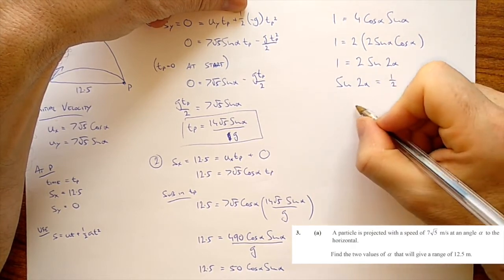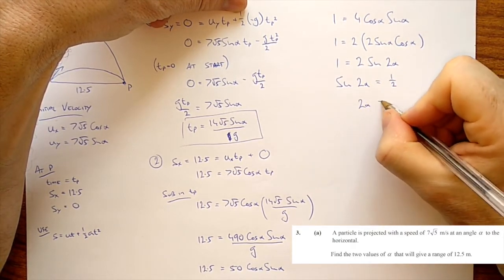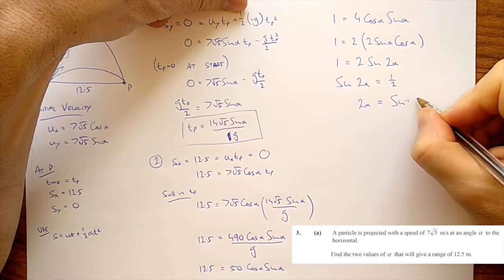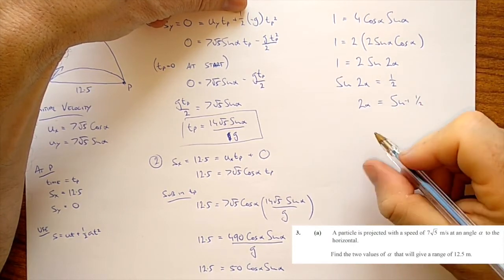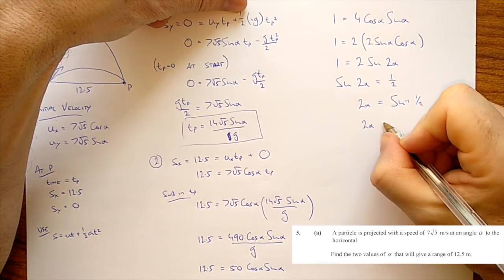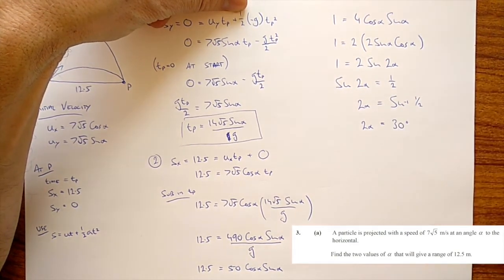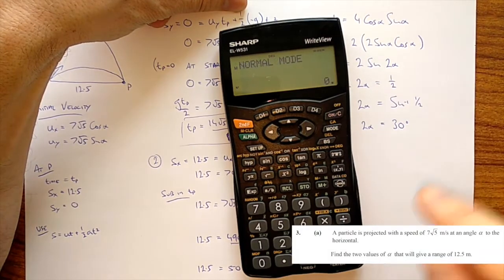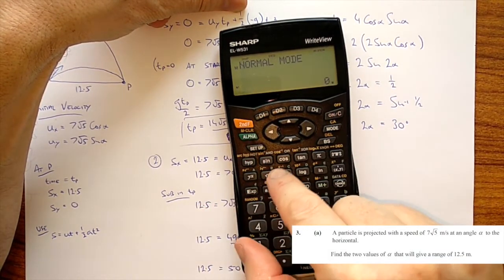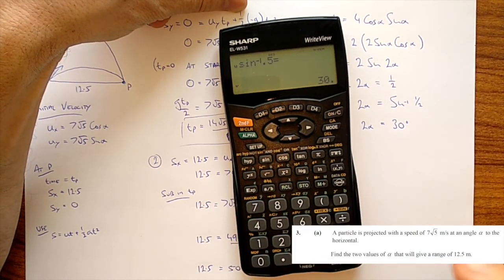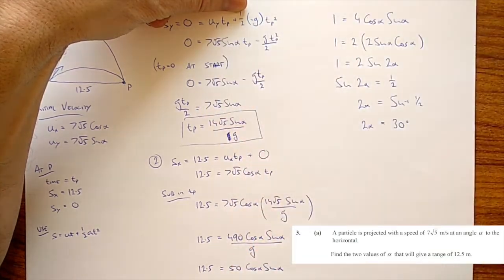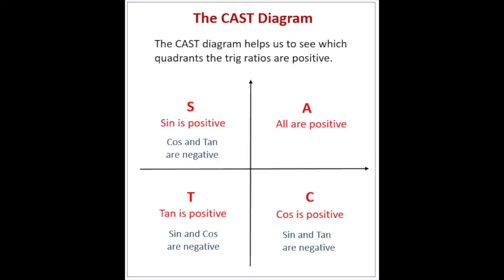equals a half. So 2 alpha is the sine inverse of a half, which means that 2 alpha is going to equal either 30 degrees, which is the easy one. Second function, sine inverse of 0.5, and we get 30 degrees. We need to use the CAST rule to get the other one.